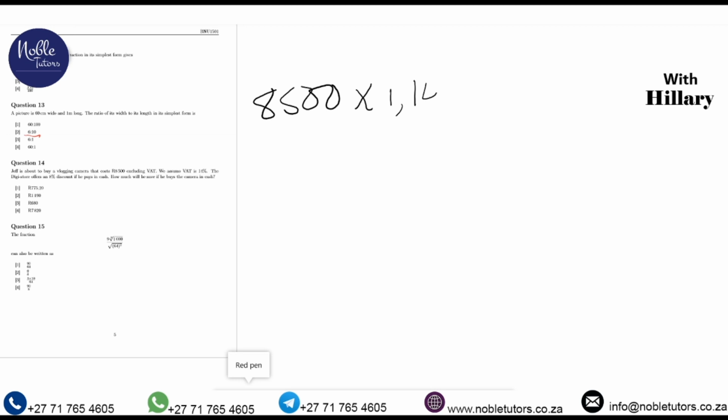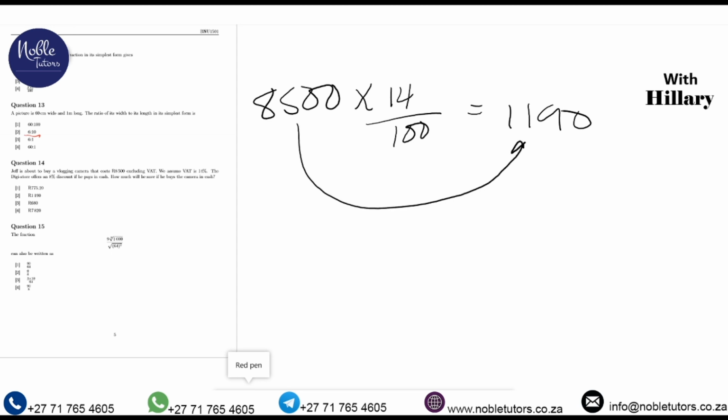Or to make it simple, we can say 8,500 times 14% over 100. The answer that we will get is 1,190. So we are going to buy an item which is 8,500 plus 1,190, which will give you 9,690.